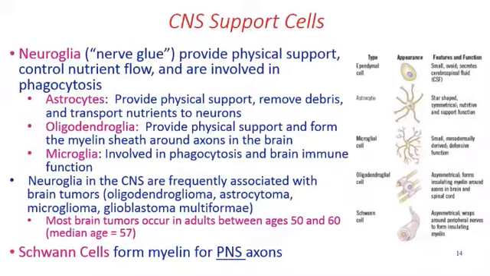The oligodendroglia provide physical support, and they form a myelin sheath around the axons in the brain. And we have an example here of the oligodendroglial cell. You can see one oligodendrocyte is wrapping around many neurons to form a myelin sheath around the neuron. Now, interestingly, there's a corresponding type of cell in the peripheral nervous system to form the myelin sheath outside the brain and the spinal cord, and that's called the Schwann cell.